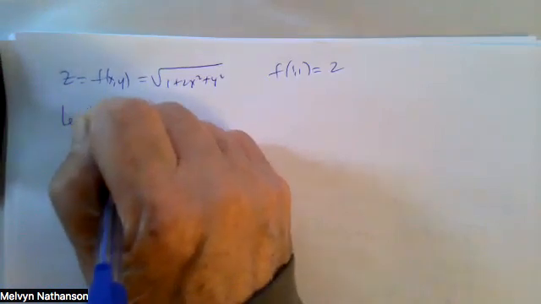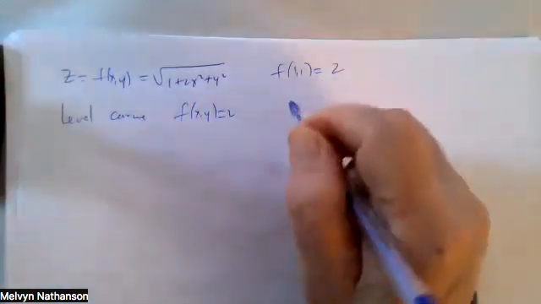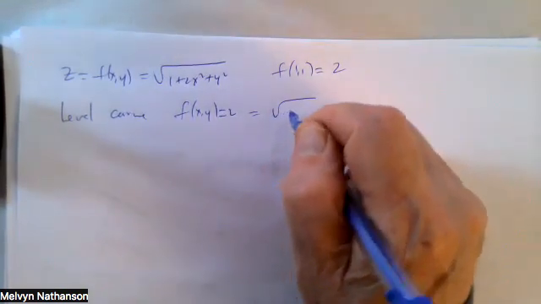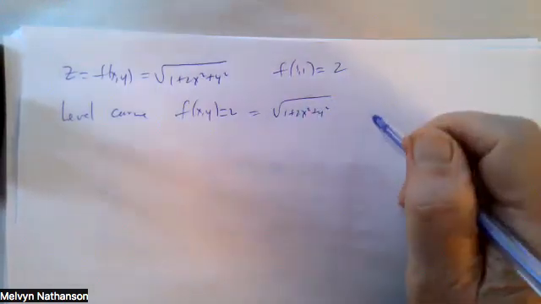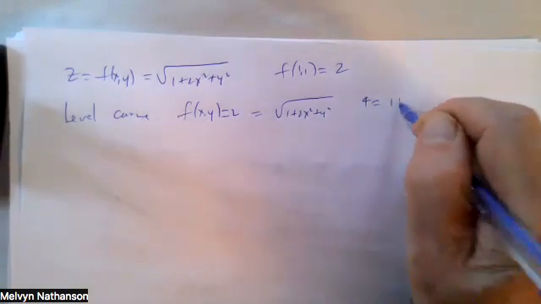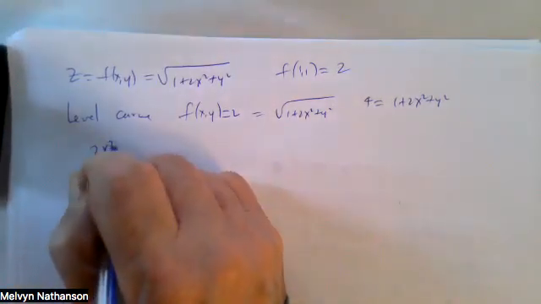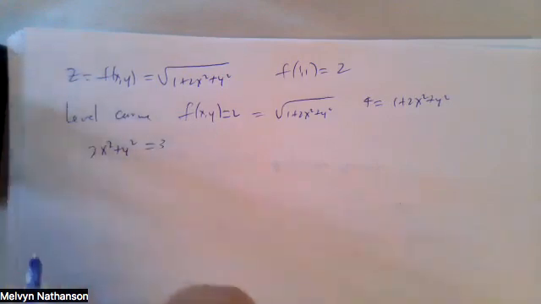So if we look at the level curve f(x, y) equals 2, that's the same as saying it's all points x and y where the square root of 1 plus 2x squared plus y squared equals 2. If you square both sides, you get 4 equals 1 plus 2x squared plus y squared, or 2x squared plus y squared equals 3.